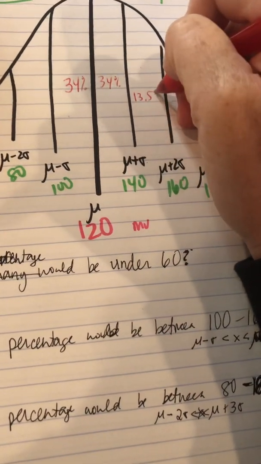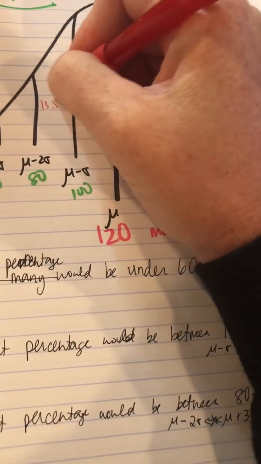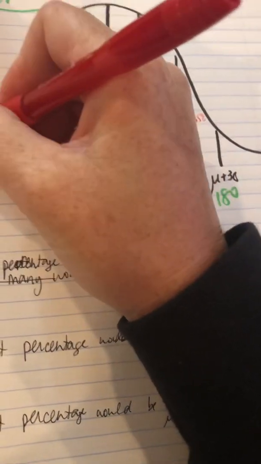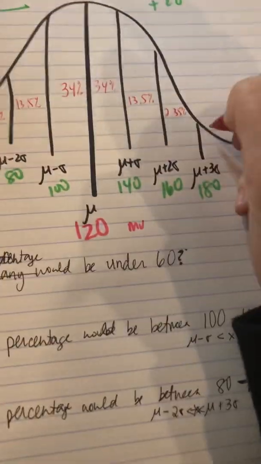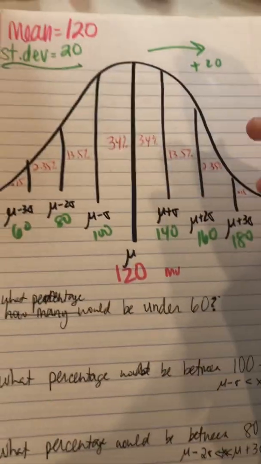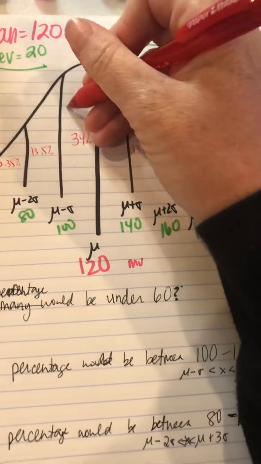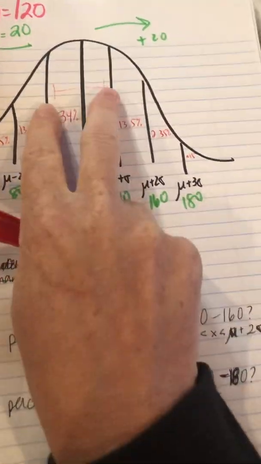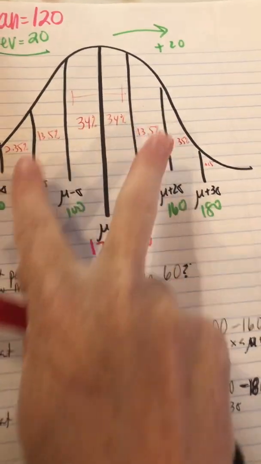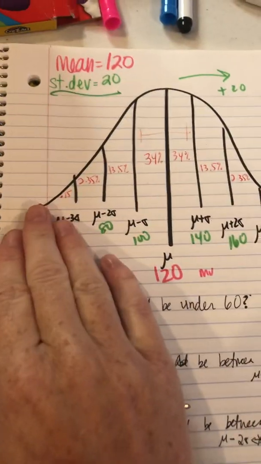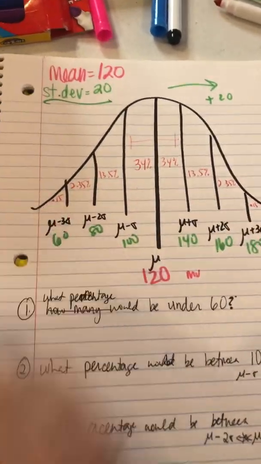Then we have 13.5, then 2.35, and then 0.15. Okay, because it's 0.15 because it's really rare. So this is 68% of the data, right? If you watch those, that's 68, 95, and 99.7. So there's just a little bit that's super amazing or super not amazing, right?